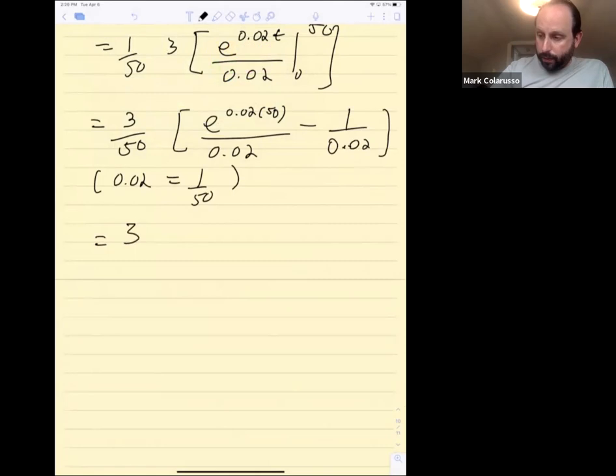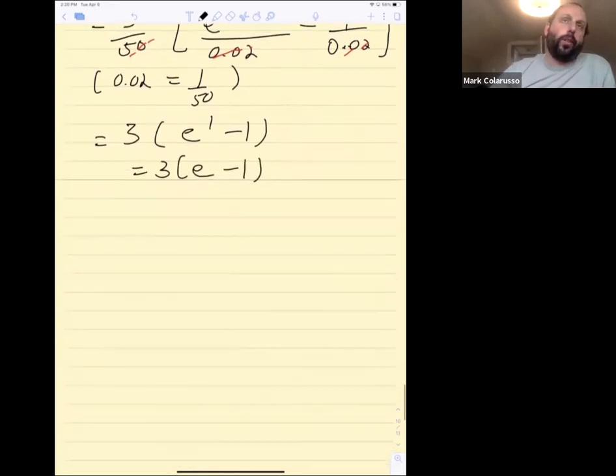This is 50 times 1 over 50, so these actually cancel, and then the 3 is left alone. So you get 3. This is 1/50th times 50, you just get 1. So e to the 1 minus 1. And so this is 3 times e minus 1.